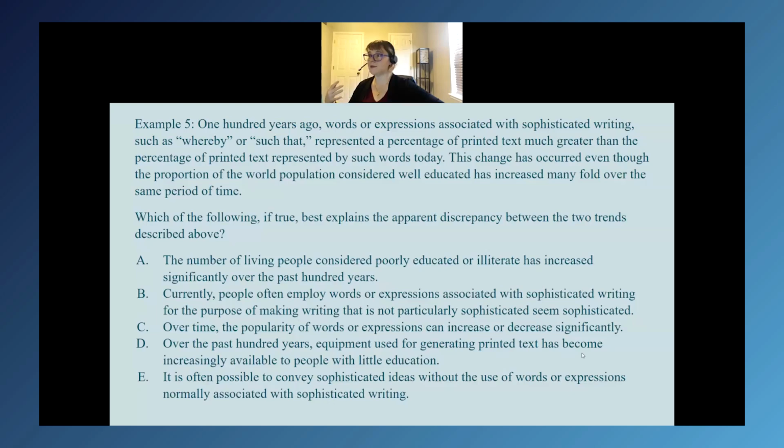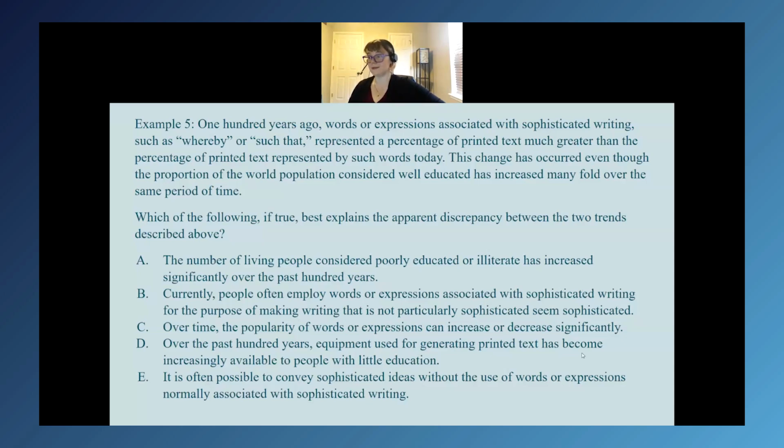But now, as the equipment is becoming more readily available, more and more people have access to it. If any people that don't use sophisticated writing started generating printed text, then that would lead to an increase in the percentage of printed text that does not use sophisticated writing. So D does help us resolve the paradox.